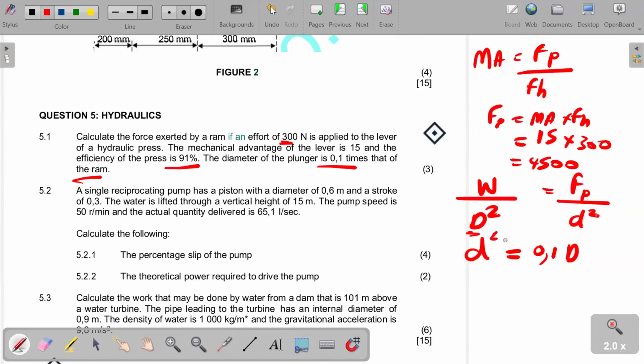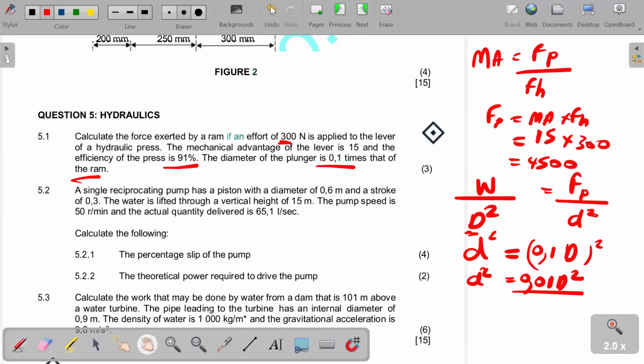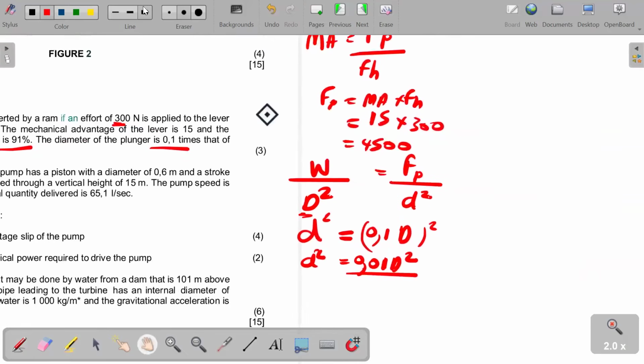Right, let us try to square here both sides. If we square, we are going to get 0.01 D squared, meaning to say the square of the diameter of the plunger is now equal to 0.01 D squared, the diameter of the ram. Right, so with that in mind, we can now go into substituting that information.